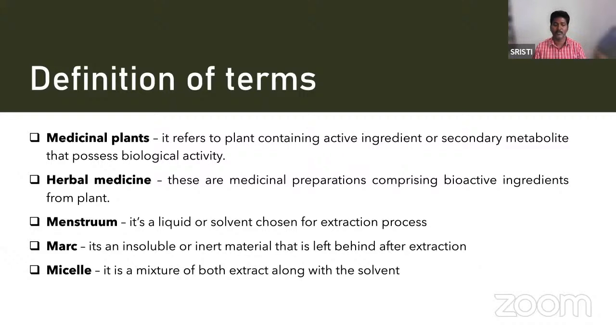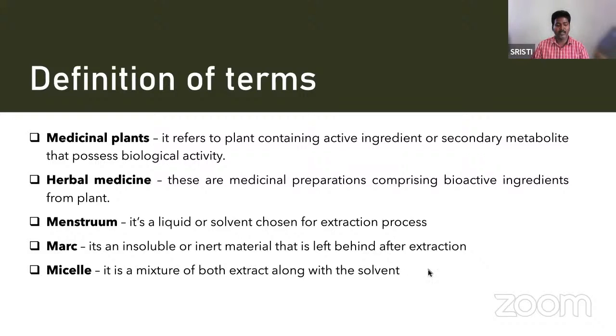and herbal medicine. When you call it a medicinal plant, it means it contains certain ingredients that possess a biological activity. But herbal medicine means the preparation which has that biological property. The next one is menstruum. Menstruum is the liquid or the solvent that we choose for the extraction process.